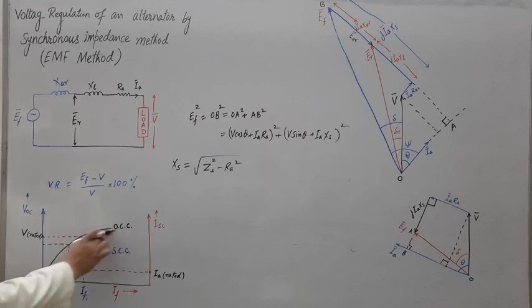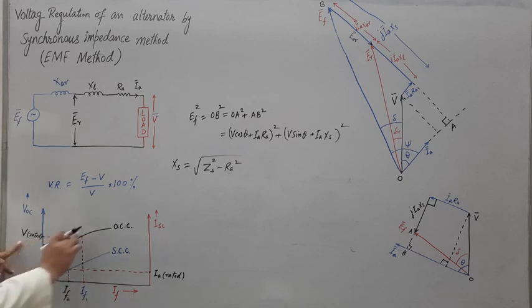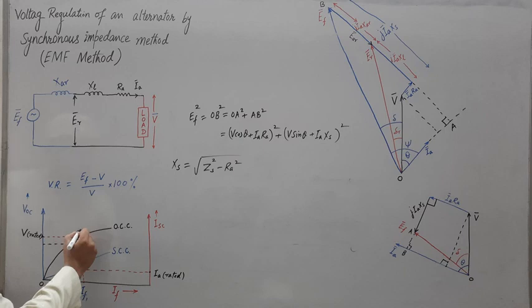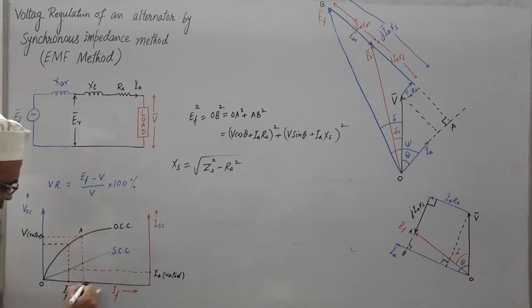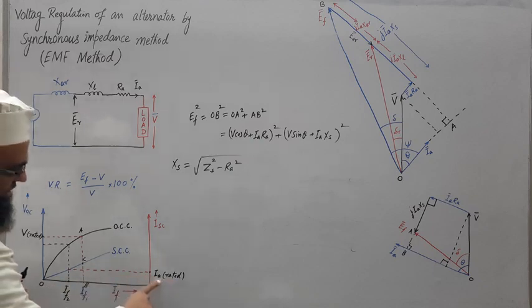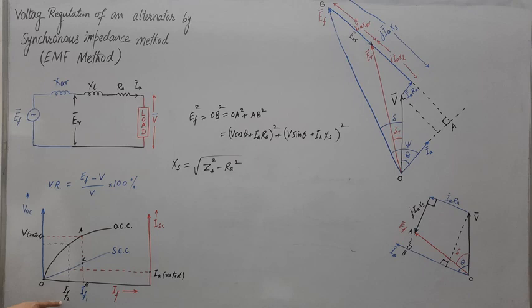So from the open circuit characteristic, corresponding to a particular field, suppose this field corresponding to rated voltage, we may calculate synchronous impedance by taking the ratio of these two lengths, let us mark A, B, C. So AB upon BC will give you the value of synchronous impedance at this field current, or corresponding to rated armature current under short circuit condition, the field current IF2 corresponding to this on SCC and this at this.